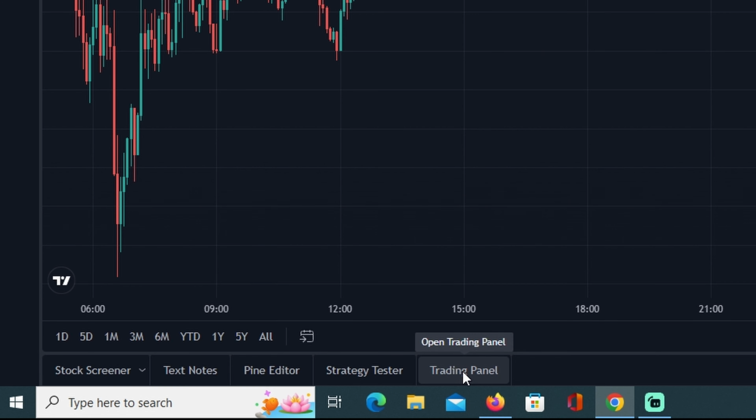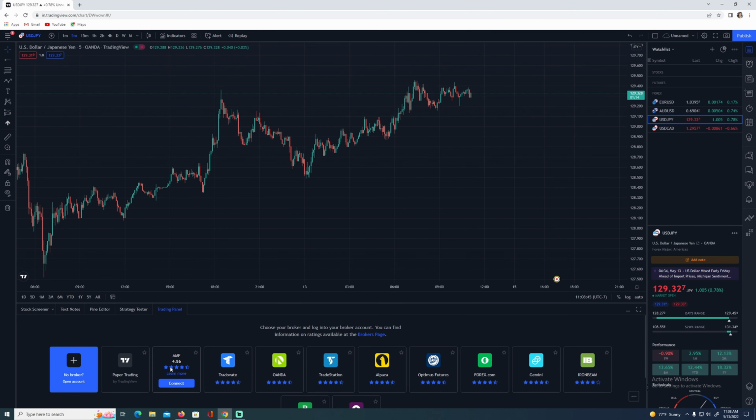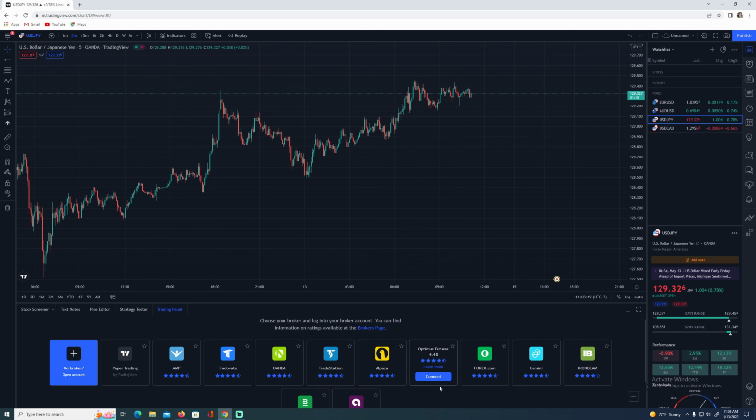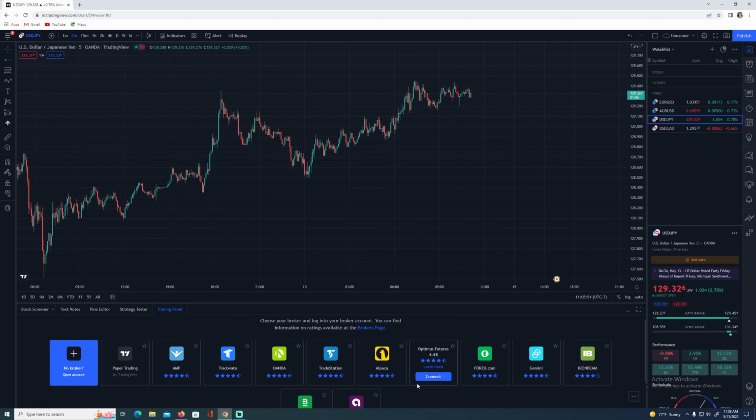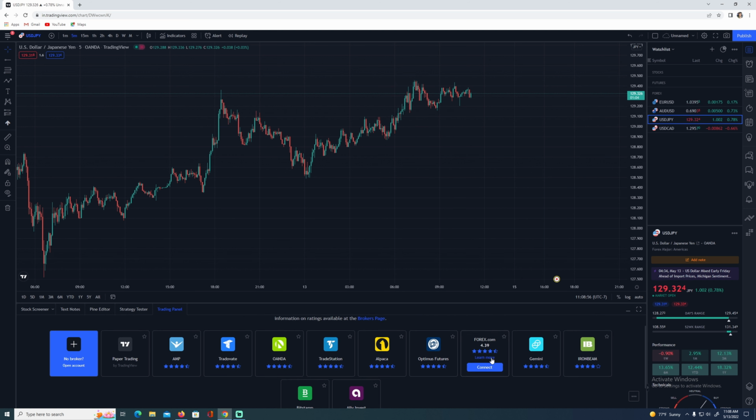If you go down here to the bottom, go to this tab called trading panel. If you click on that, it's going to open this window for brokers. These are different brokers that you can open accounts with. I have a broker with Forex.com.